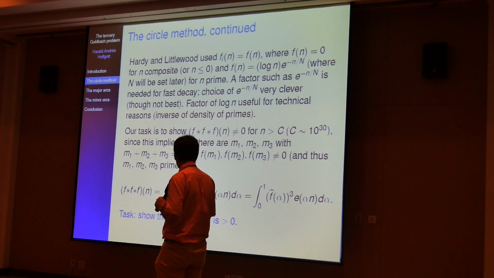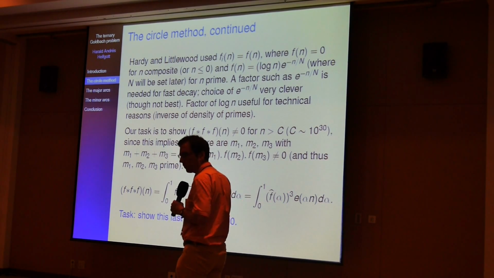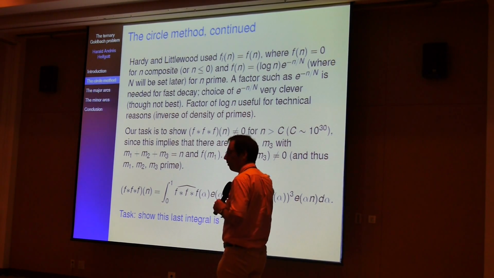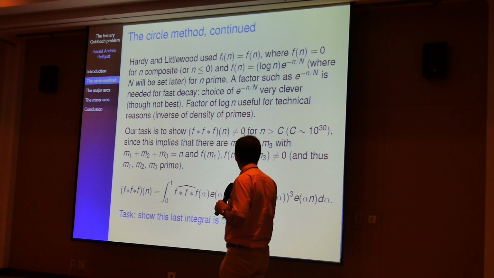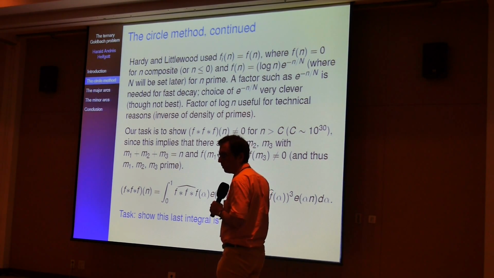Now, the transform of a convolution is the cube of the transform, as I was saying. So all we have to show is that this integral is positive. Once we show that this integral is positive for n bigger than 10 to the 30, we will be done.